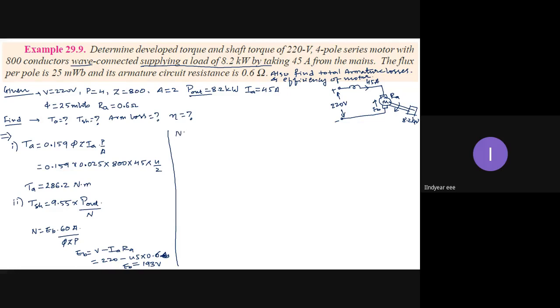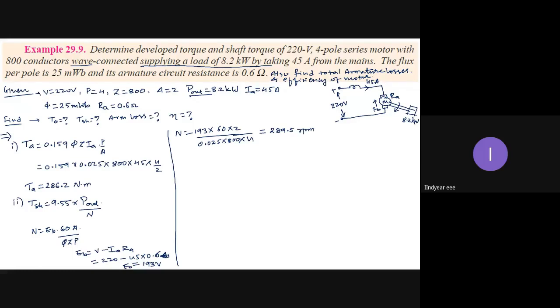Now speed is equal to 193 into 60 into 2 divided by 0.025 into 800 into 4. That is 289.5. So this is 289.5 RPM.